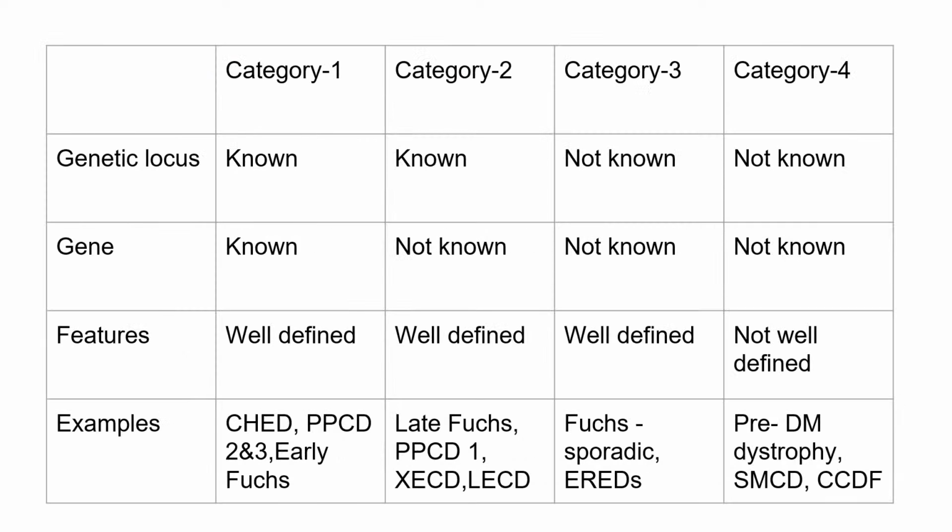The examples for category 1 are CHED and early Fuchs, category 2 are late Fuchs and X-linked endothelial corneal dystrophy and LECD, category 3 are sporadic Fuchs and ERED, and category 4 are pre-Descemet membrane dystrophy, subepithelial mucinous corneal dystrophy, and CCDF.